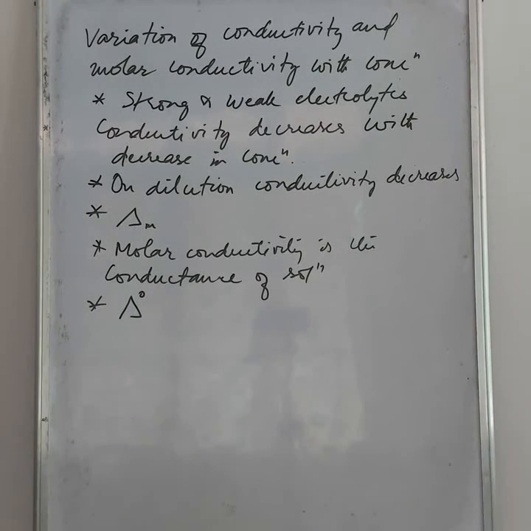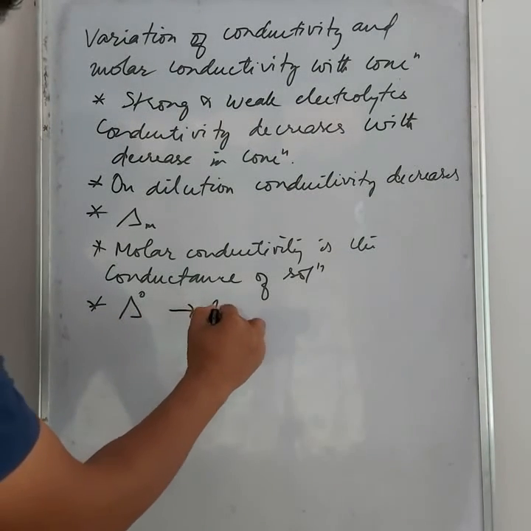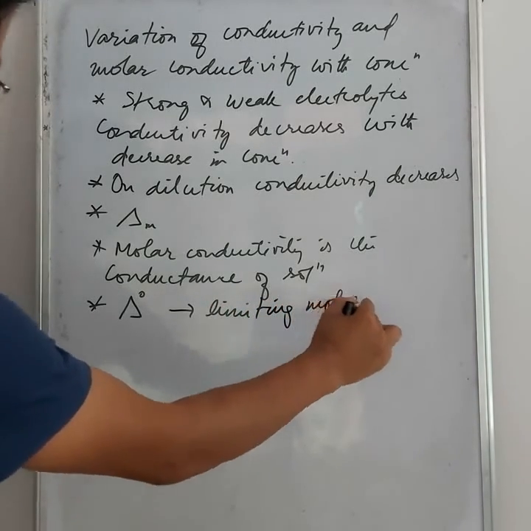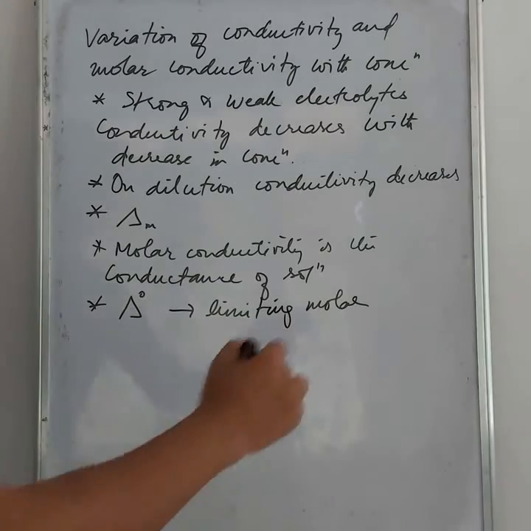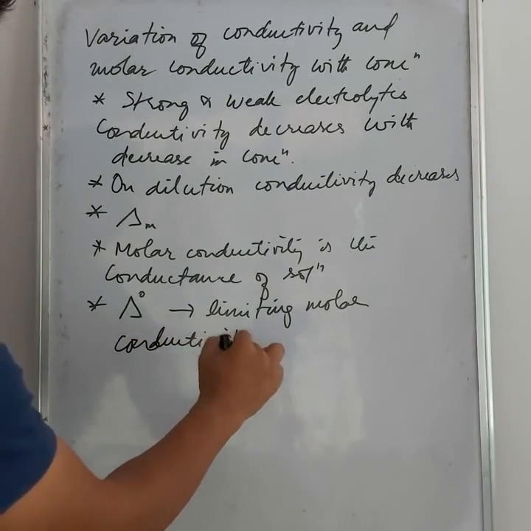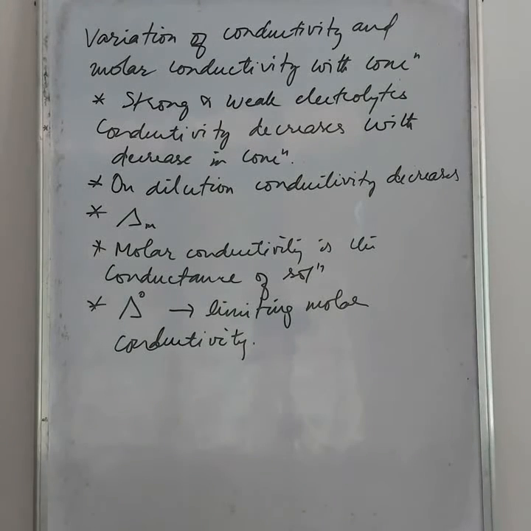So at infinite dilution, once you keep on diluting the solution, the molar conductivity is called the limiting molar conductivity. So these are some of the variations of conductivity with concentration.